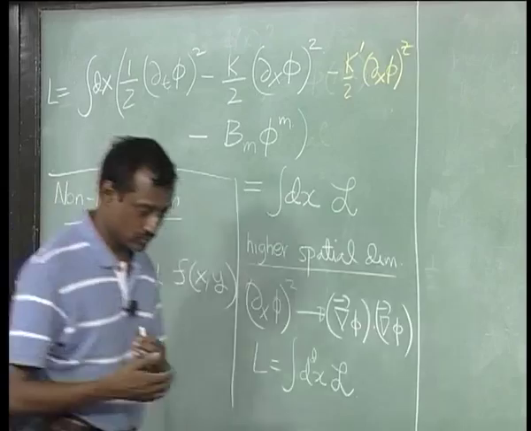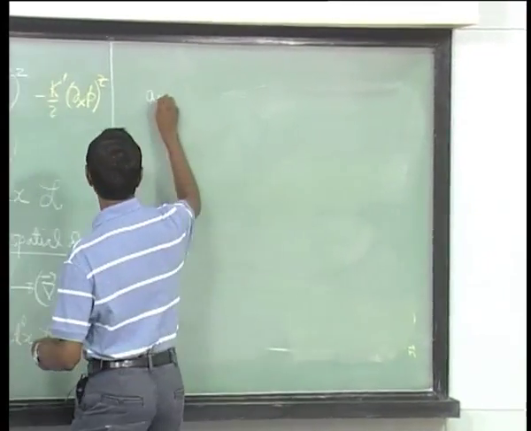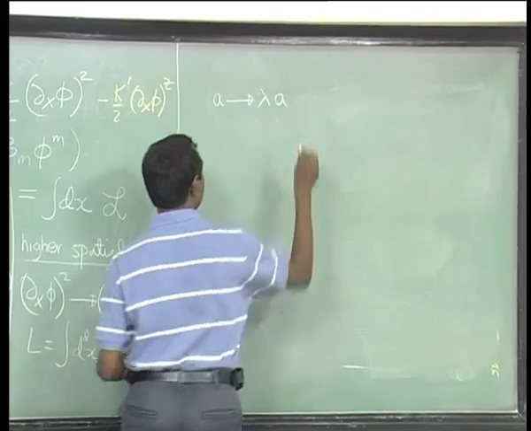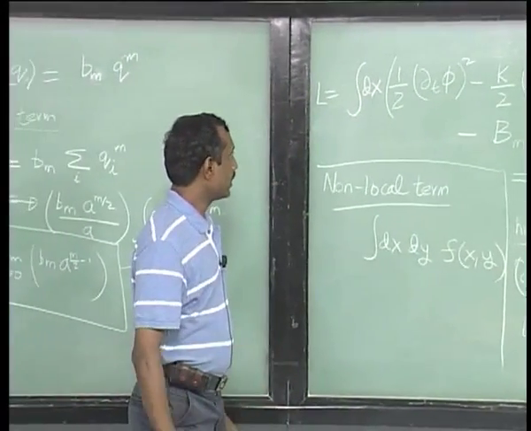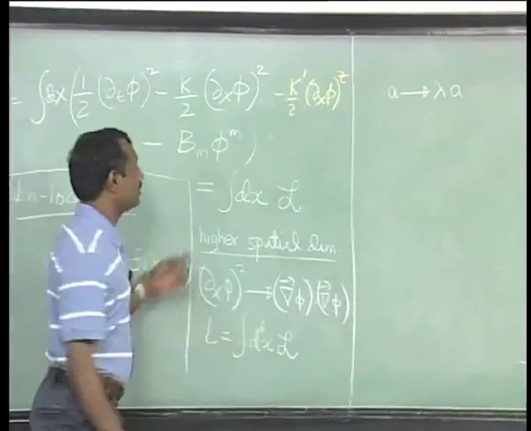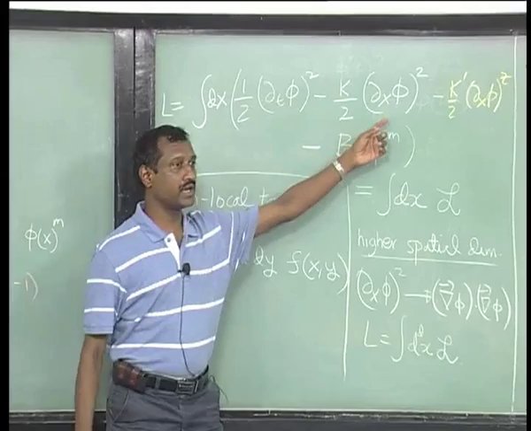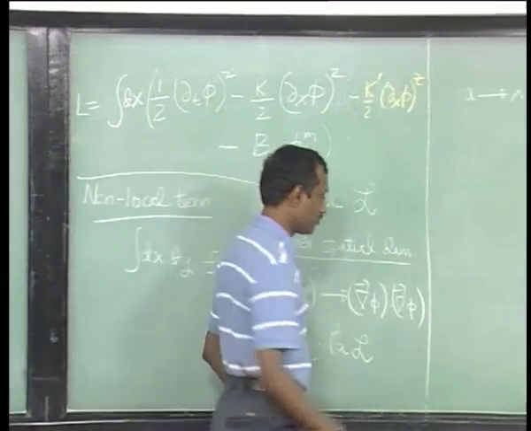And the way to understand that is, at the lattice level I could have done the following thing. I can take A to lambda A, I scale it. So we can do the same thing in the continuum by just going ahead and scaling x.